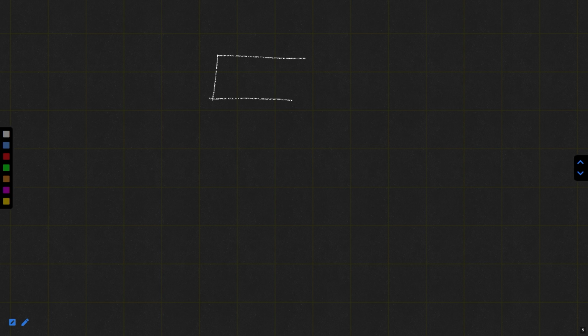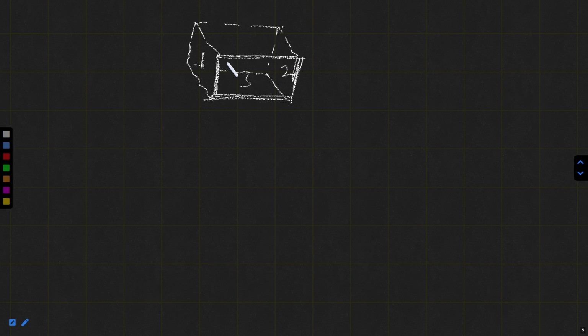So this is my cuboid and it has 4 walls. One is this one, second is this one, third is this in front of me, and the fourth wall is opposite to the front wall, which is this.